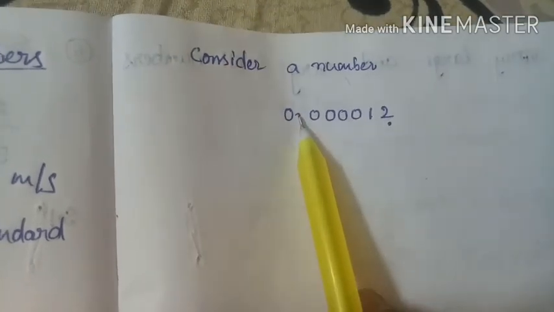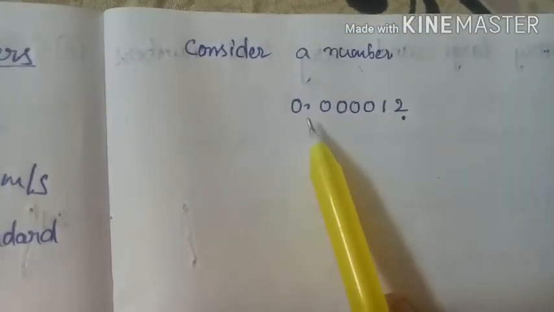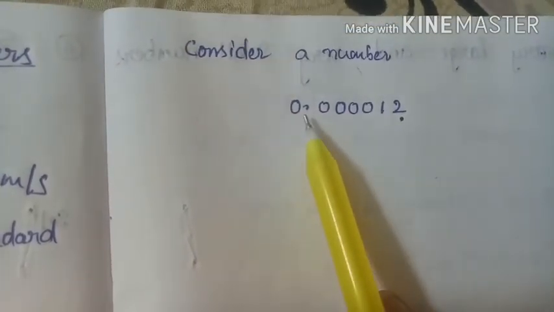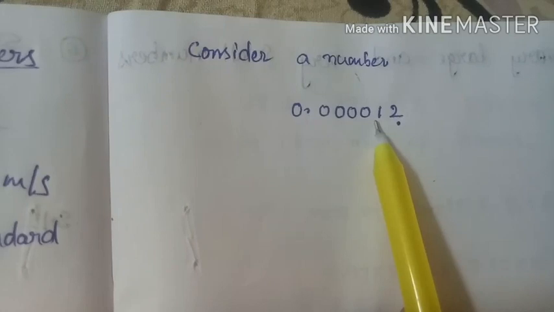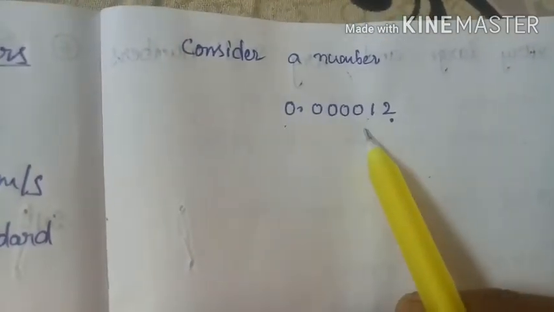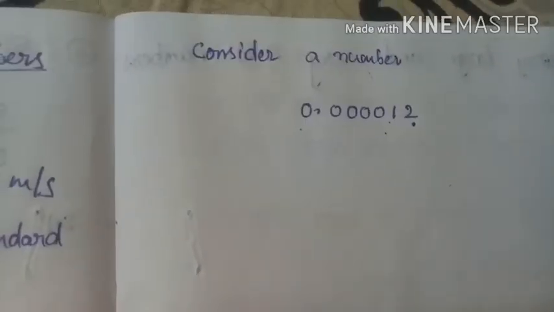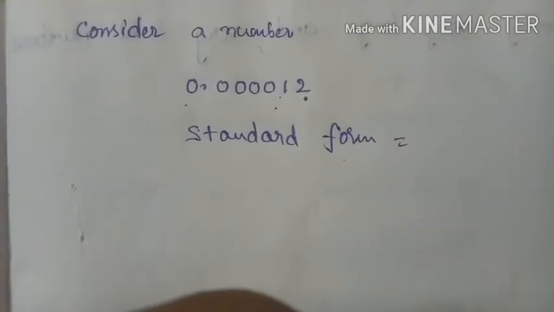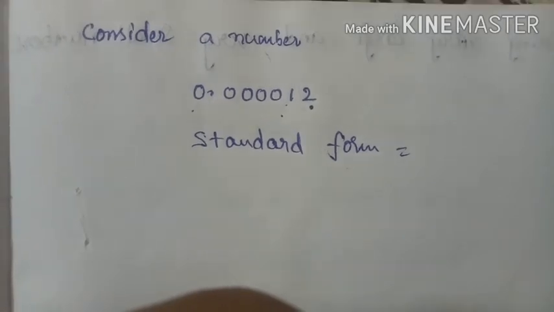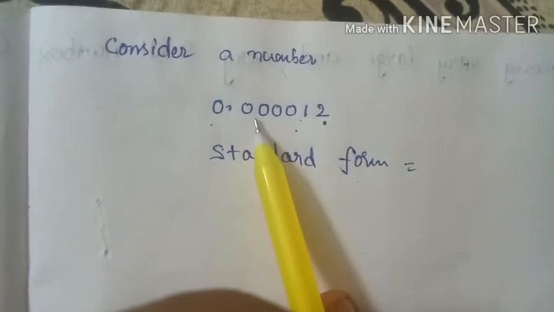In a large number we moved from right to left, but here, in small numbers, after the decimal we have the digits. So we have to move from left to right. So we should write the standard form. First of all, we have to search where we should keep the decimal.